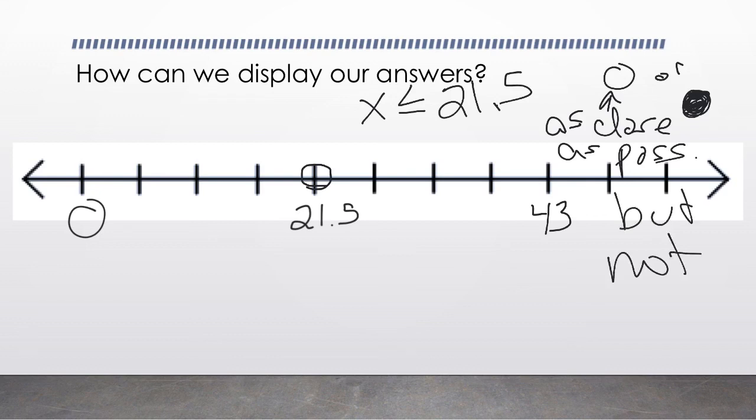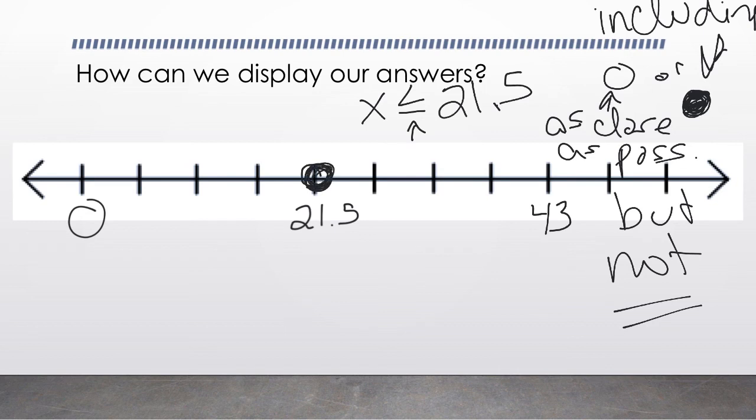So not that number. A closed dot means we are including the number, including that value. So in this case, because it's or equal to, I'm going to fill in this dot. And then I'm going to shade one direction. So I choose the direction by saying, okay, so which way is correct? So I can pack less than 21.5. I cannot pack more than. So I'm going to shade this way, including shading the arrow. And that's how I demonstrate that any answer here is correct.